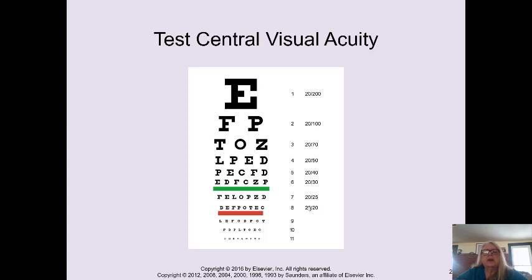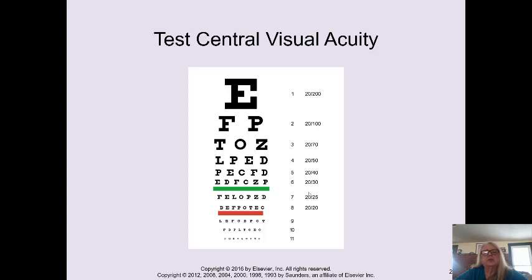Now what that means here is I can read the smallest line from 20 feet away, or actually it's this line here. I can read 20 feet away without making any mistakes, or with no more than 1 or 2 mistakes. Then you go up to this line.